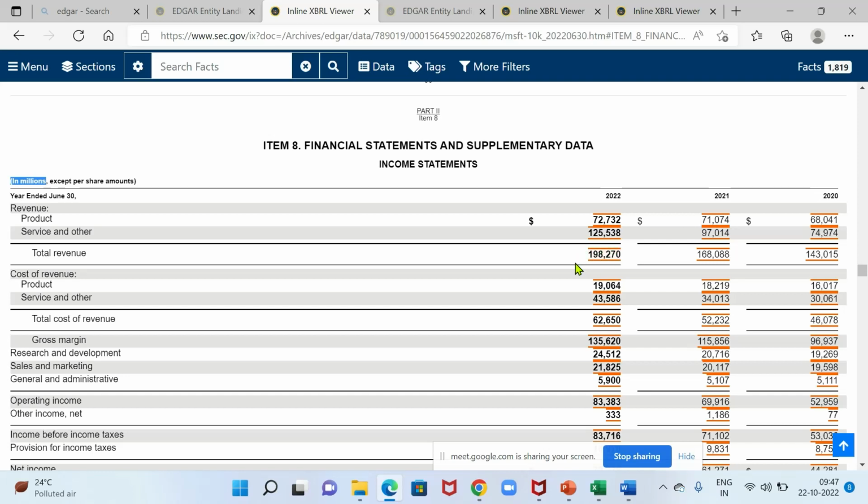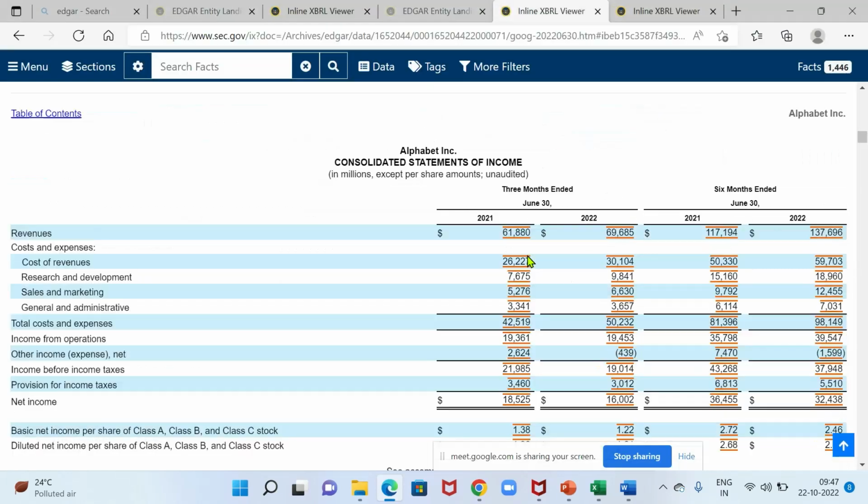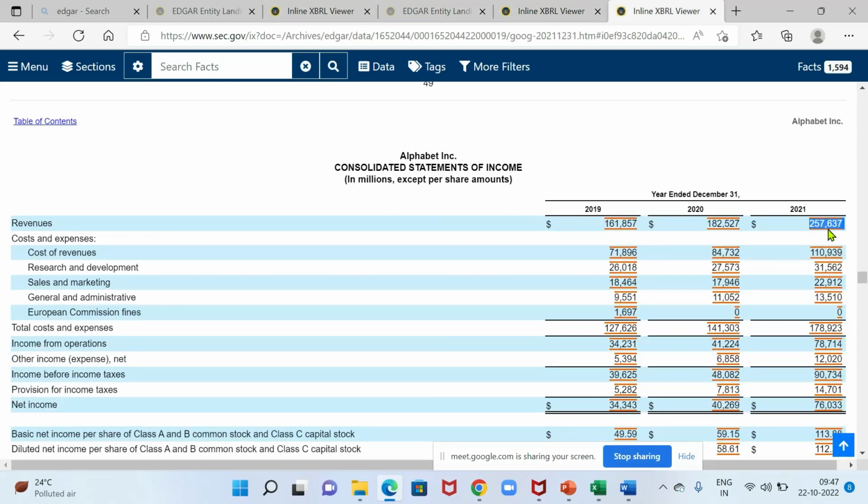We have to do an apple to apple comparison, because if I don't, this 278 that I'm getting is higher than 257. It could be lower also, it could be higher also. So when I'm comparing two companies which have different reporting periods, it makes my job even more difficult. I have to first normalize those numbers to the same reporting period so that they are comparable between those two companies.